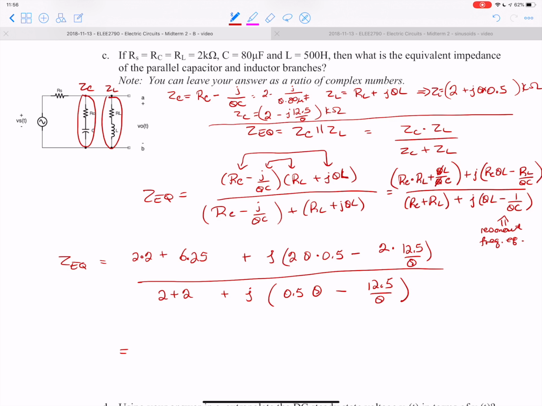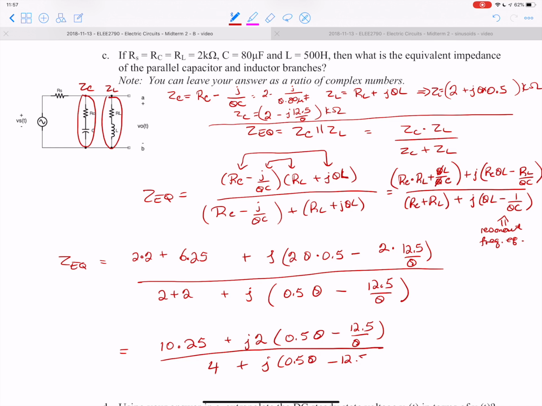So 4 plus 6 1/4 is 10.25 plus j times 2 times 0.5 omega minus 12.5 divided by omega, all over 4 plus j times 0.5 omega minus 12.5 over omega. And again, you're supposed to leave this as a mixed ratio of complex numbers. So this is your final answer over here.